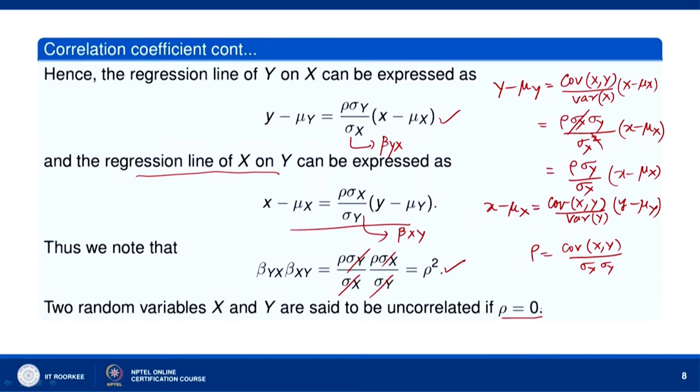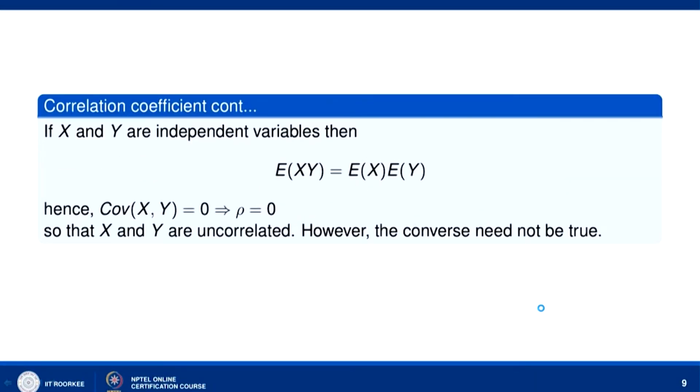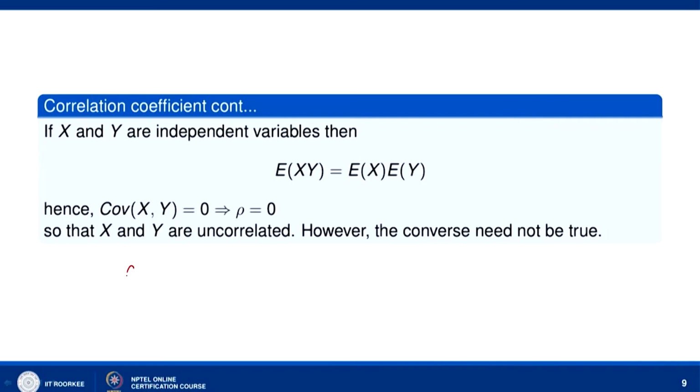The two random variables x and y are called uncorrelated if the correlation coefficient rho is equal to 0. If x and y are independent variables, then we know that expected value of x into y is equal to expected value of x into expected value of y, okay. Hence, covariance of x y is expected value of x y minus expected value of x into expected value of y, okay.